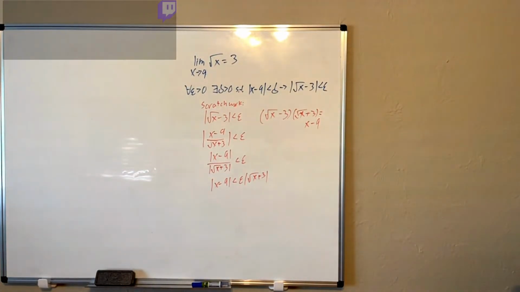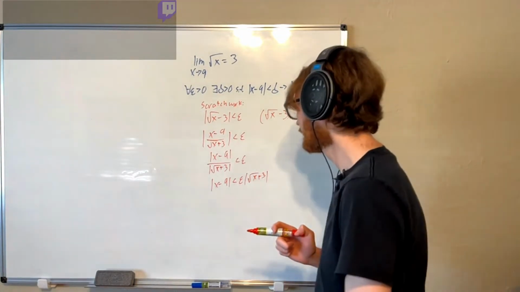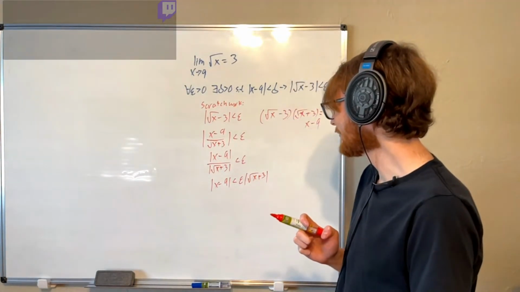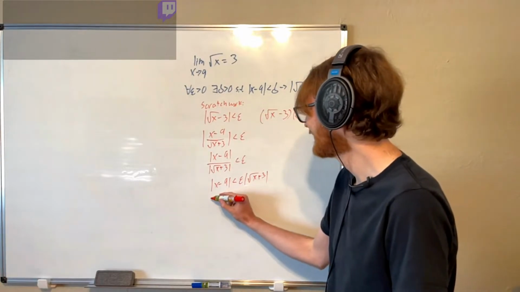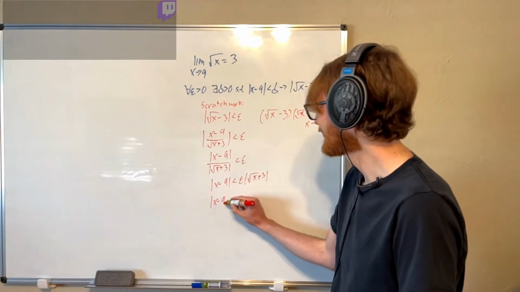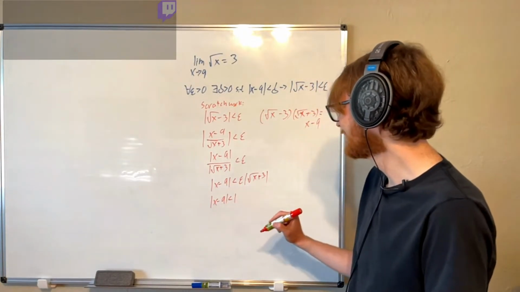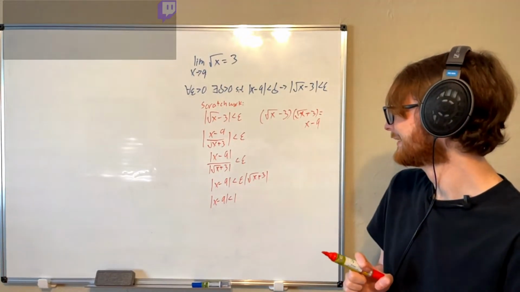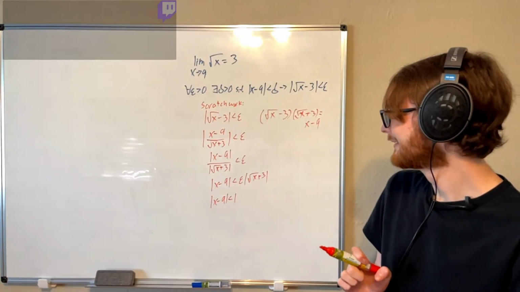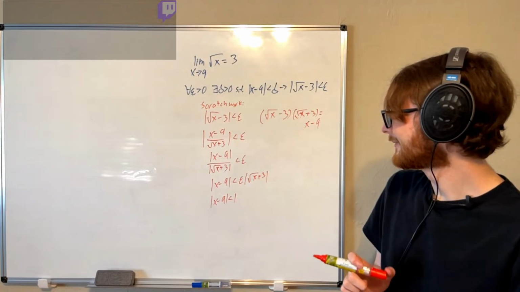That's something to work with there. So this is where things get a little tricky though, right? Because if we want to say the value of x minus 9 is less than 1, what about root x plus 3? What happens to that?